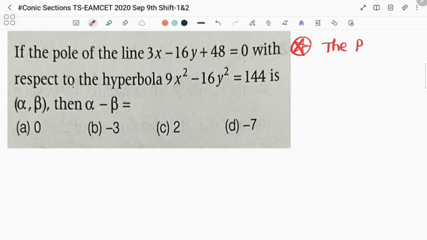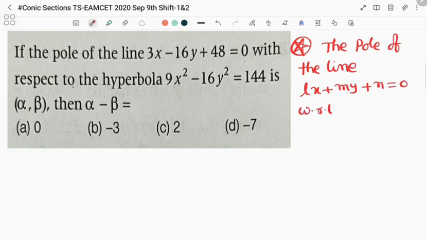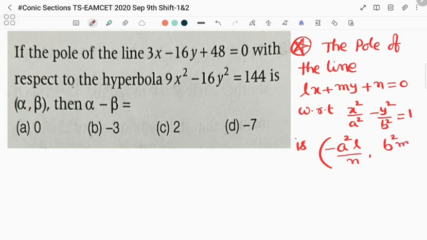The pole of the line Lx plus my plus n is equal to 0 with respect to x square by a square minus y square by b square equal to 1 is minus a square l by n comma b square m by n, dear student.